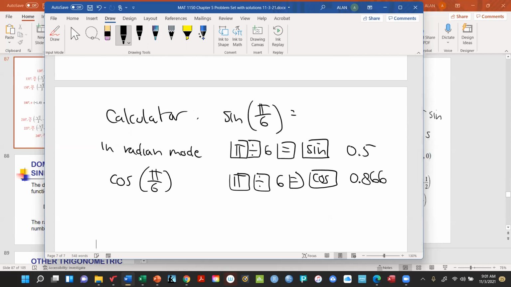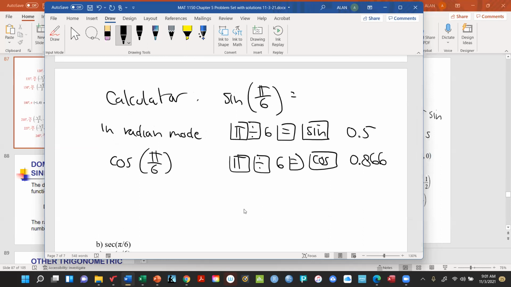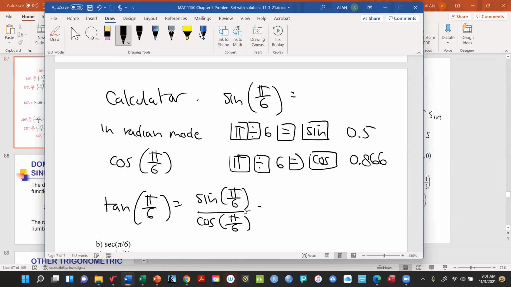And so to calculate the tangent, substitute these values. And that's going to be approximately 0.577.